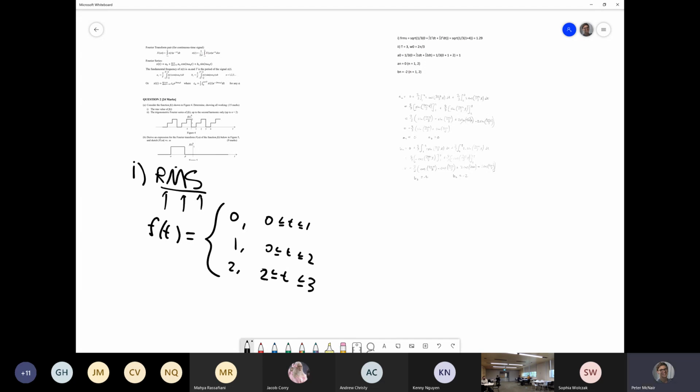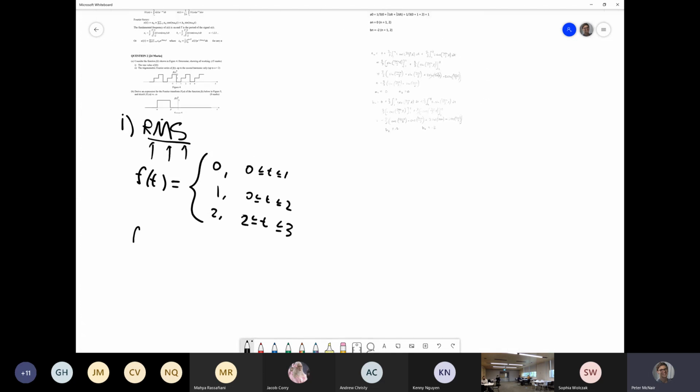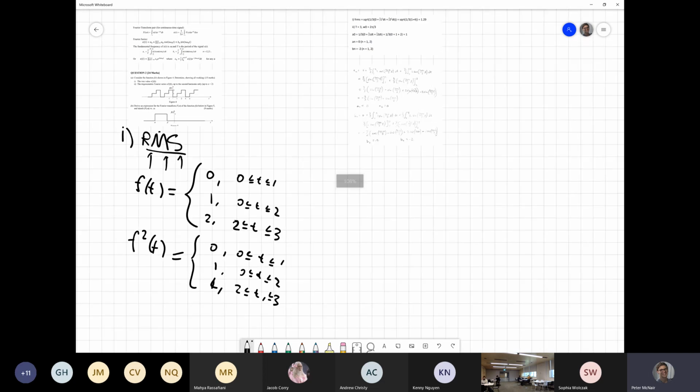So if we do f squared of t, essentially these just get squared, right? So it's exactly the same when it's 0, 1, and then 2 squared becomes 4. It's going to equal 3.